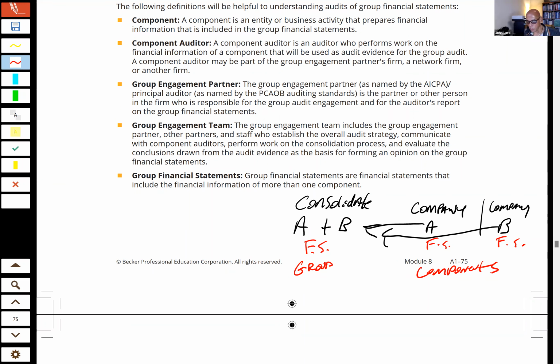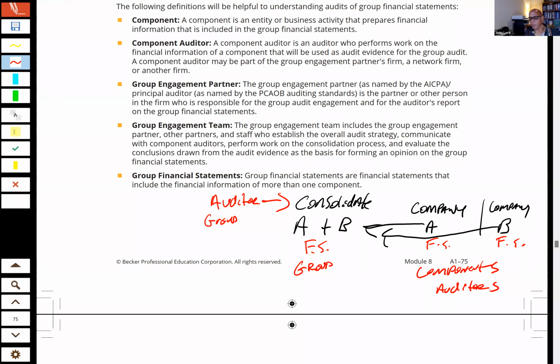Now, let's say I'm the auditor of the consolidated. Well, they're going to call me the group auditor. Do I have to go and audit company A and company B? No. There could be other auditors that will be component auditors.